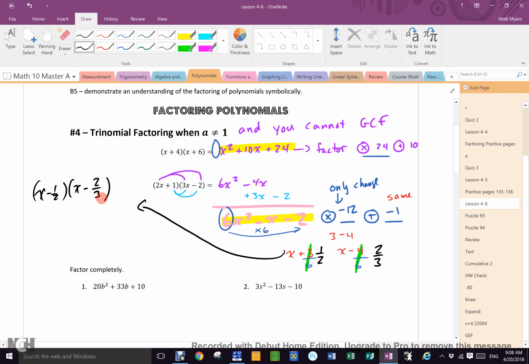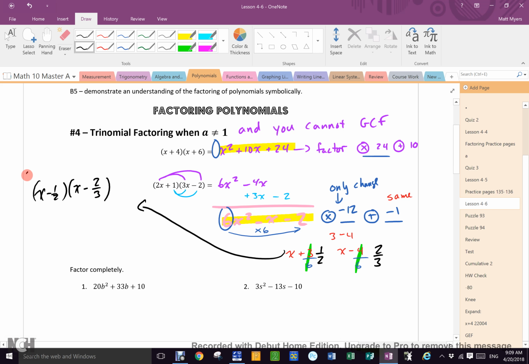Everyone's okay? Now, what in those 2 binomials do you not like? You don't like the fractions. You guys hate fractions, don't you? Oh, yeah. How do you get rid of this divided by 2? Multiply it by 2, correct? How would I get rid of this divided by 3? Multiply it by 3, correct?